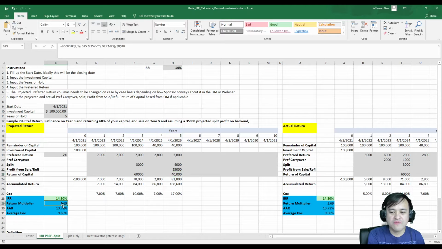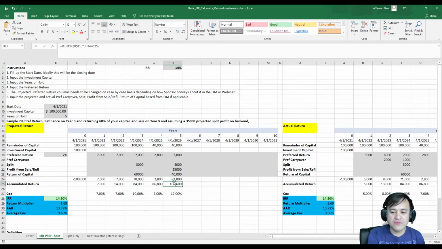Then the return multiplier is 1.69, meaning the accumulated return here is, in year 1 you get 7,000, in year 2 you get 7,000 again, then this is 14,000. You're just adding these two, so this is a cumulative return until you hit the last one.